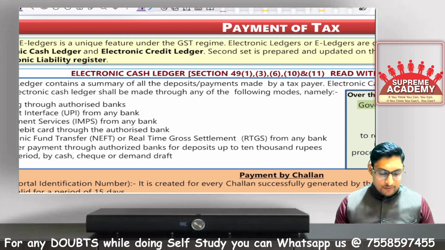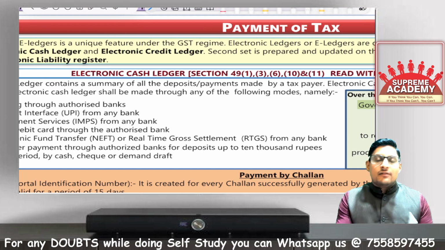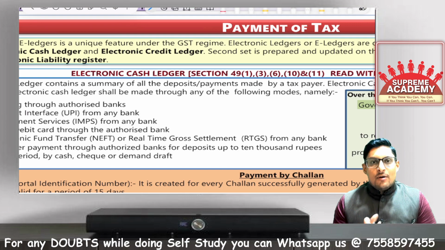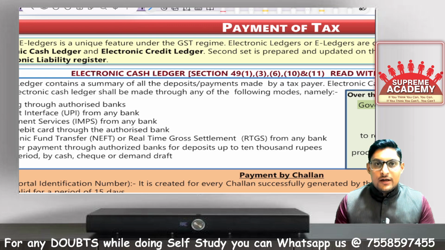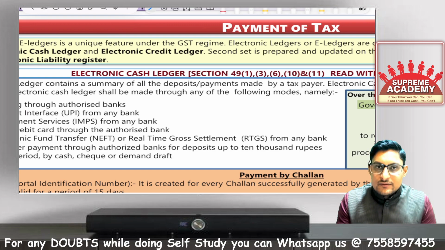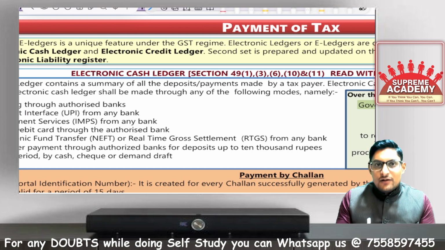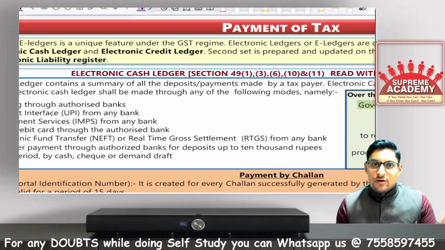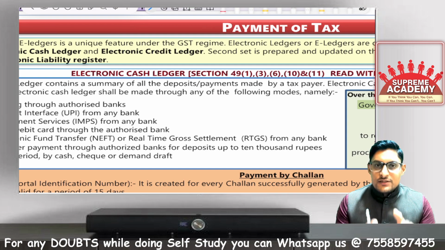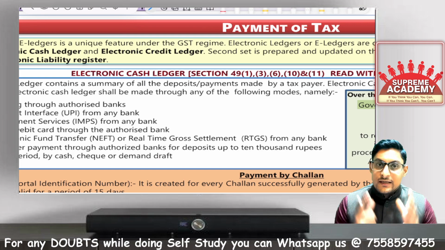Beginning the discussion of this topic, I want to give you an example that you can relate to this cash ledger. Have you heard about the PhonePe wallet or Paytm wallet? When you put 1,000 rupees in that wallet, and then spend 10 rupees, 20 rupees, 500, 200 from it, which entries does your bank account show?